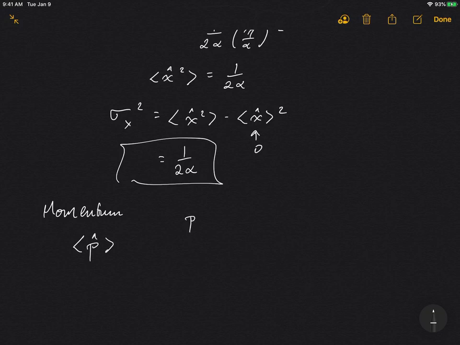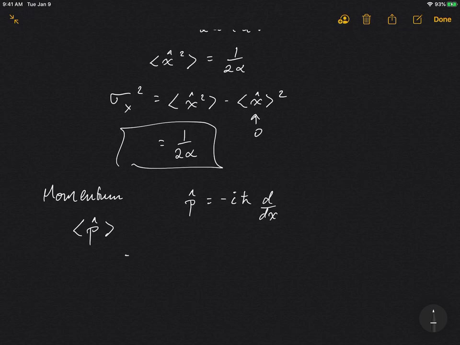And you remember our momentum operator is minus i h bar. We're going to drop the x. This is a one-dimensional problem, so we only have one axis. So we'll just say p, that's the momentum, not p sub x. Minus i h bar d dx.